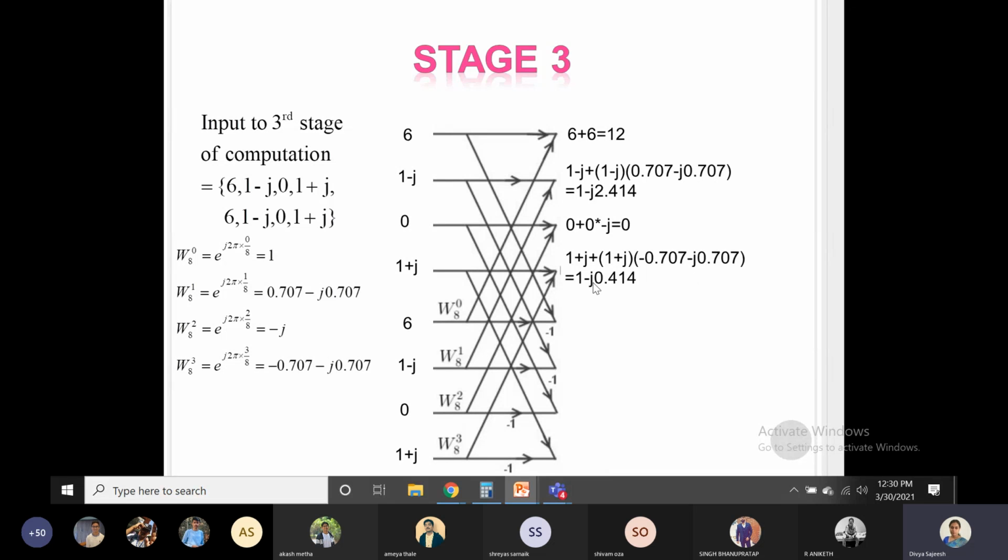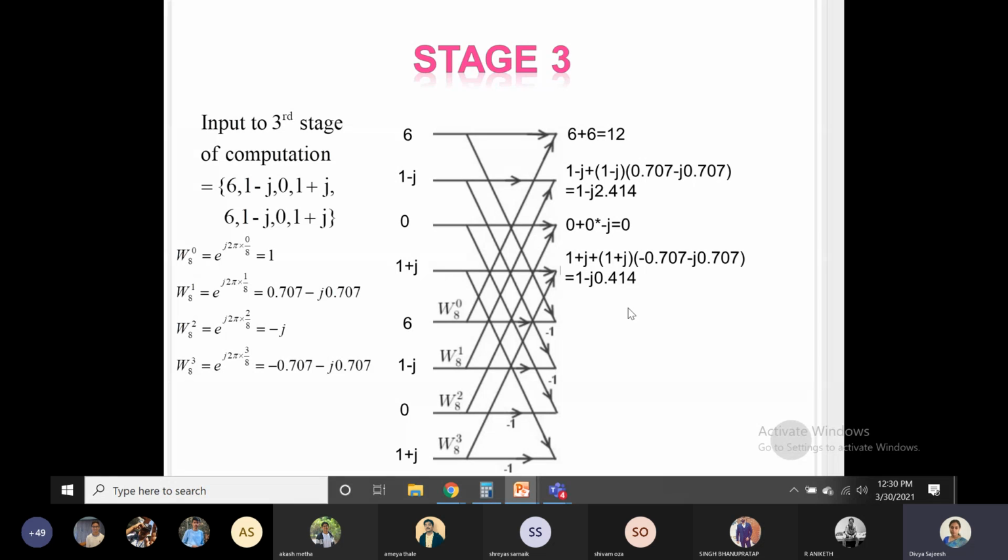Okay, finally you will get 1 minus j 0.414. Here the sequence will not get repeated. You have to calculate for each output, because the positions are different, and the twiddle factors are also different in the 4. So it is not getting repeated.